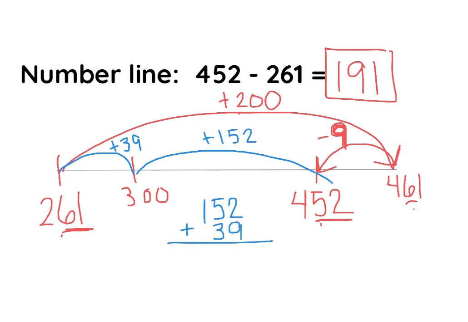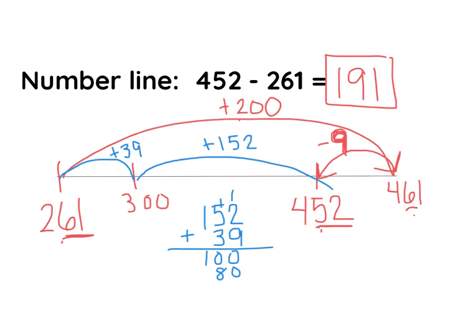So I have 100 plus 80 if I add my tens column, and plus 11 if I add my ones column, which is 191.